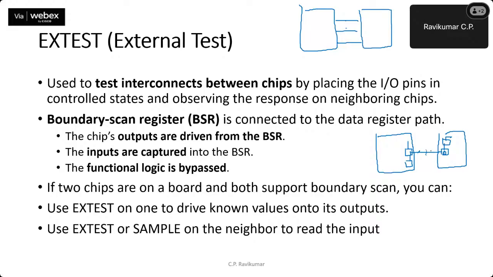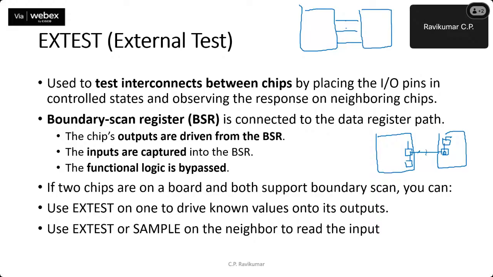So similarly, I may want to first scan in a 1 here, and then scan in a 0 here, and then capture and see whether that 0 comes here. Okay, if it doesn't come, there is some problem. This wire could be short circuited.